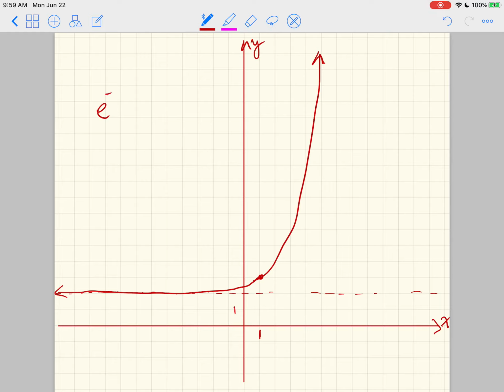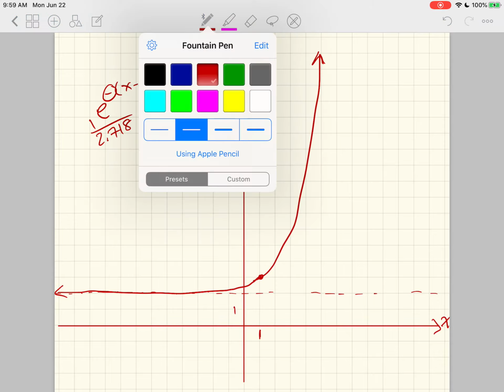If this had been e to the negative x minus 1 plus 2, the big difference here would be that this negative would make 2.718 into 1 over 2.718, which would make it decay.